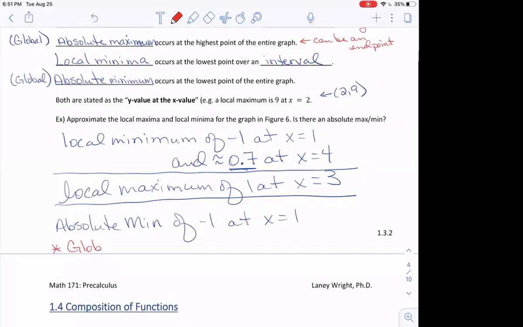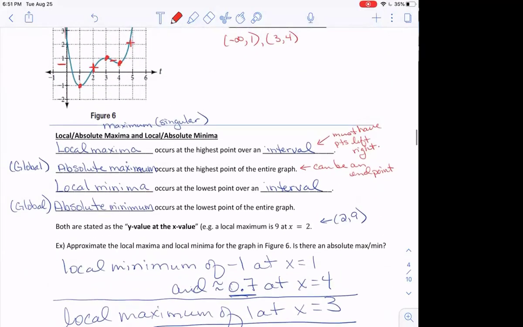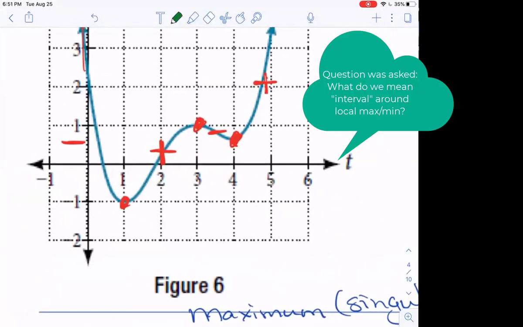So we have an absolute minimum of -1 at x equals 1. So this -1 happens to be the lowest point over the entire graph, but it's also the lowest point among the points around it. So that is the lowest point within an interval of points.